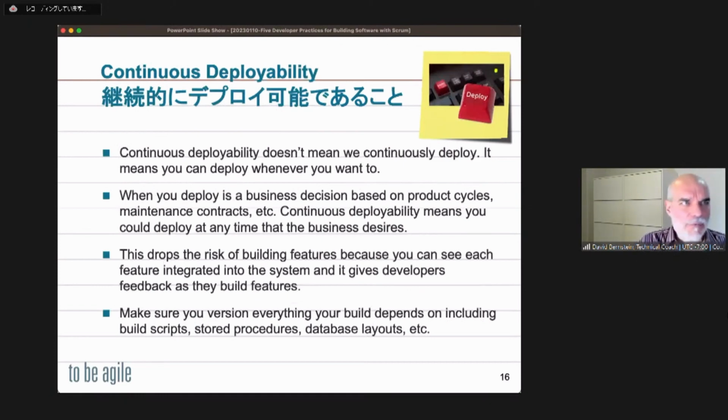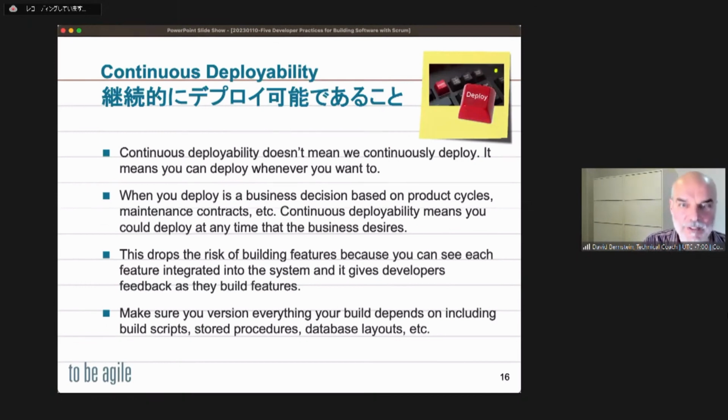So I like to think about what I call continuous deployability. And that doesn't mean that we're deploying all the time. We could if we wanted to, but when we ship is oftentimes a business decision based upon the seasonality of our products and our maintenance contracts and other business issues.